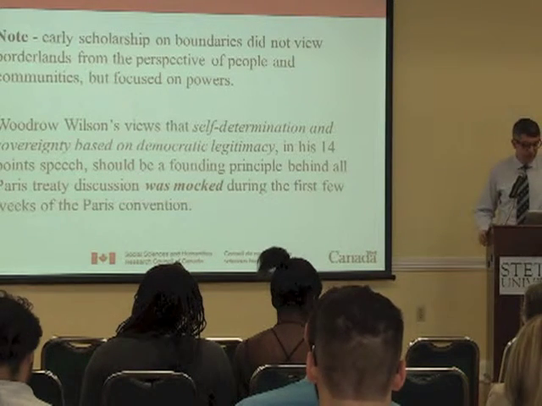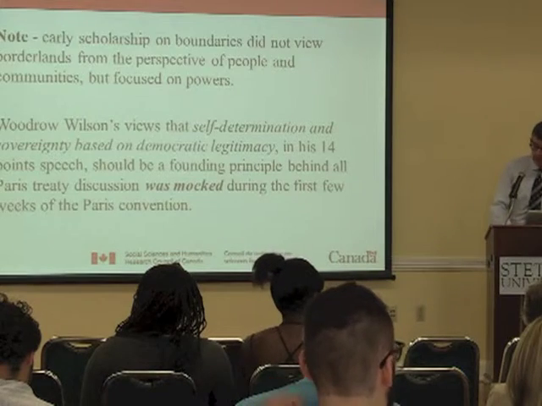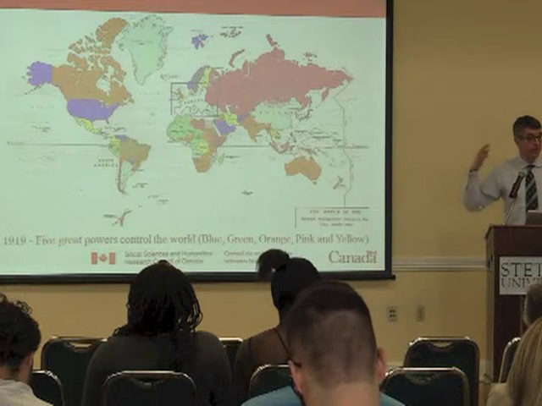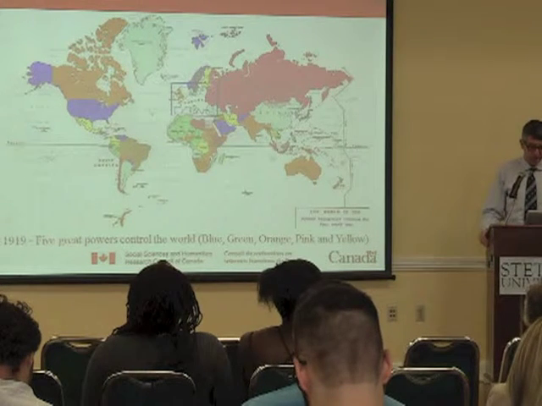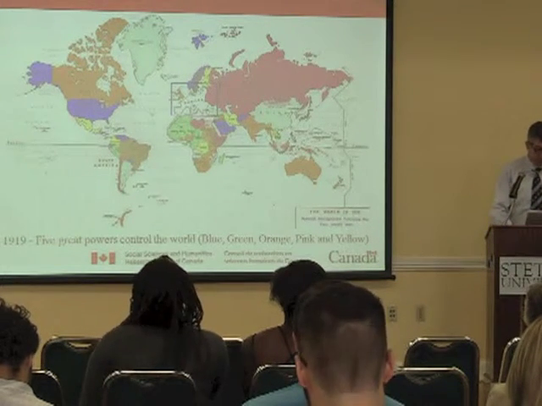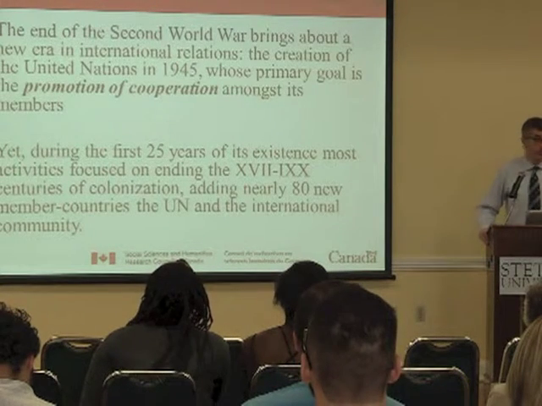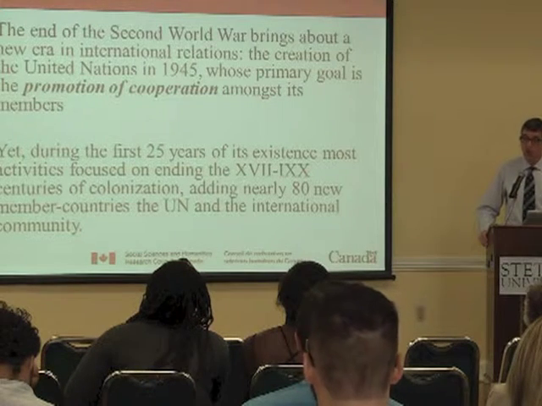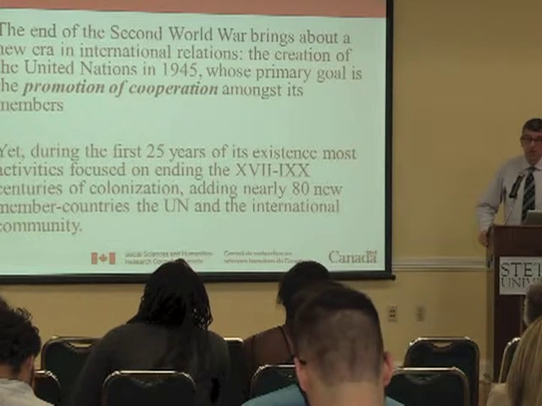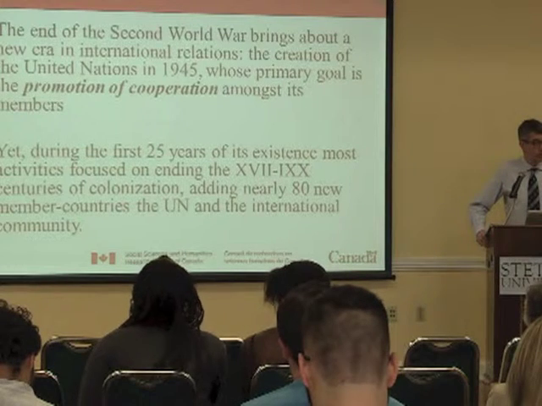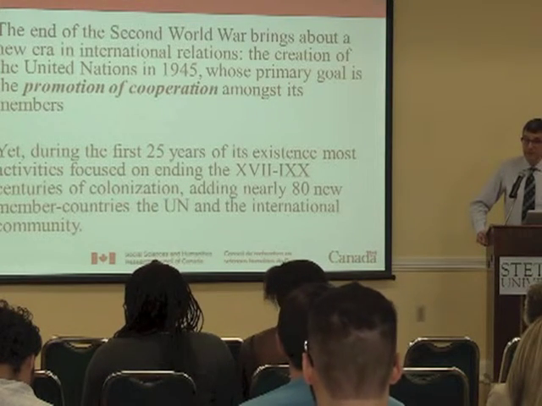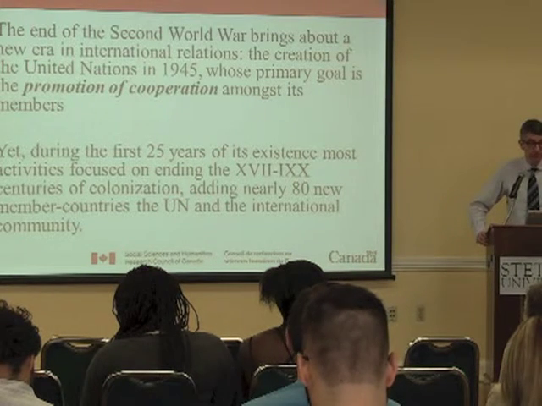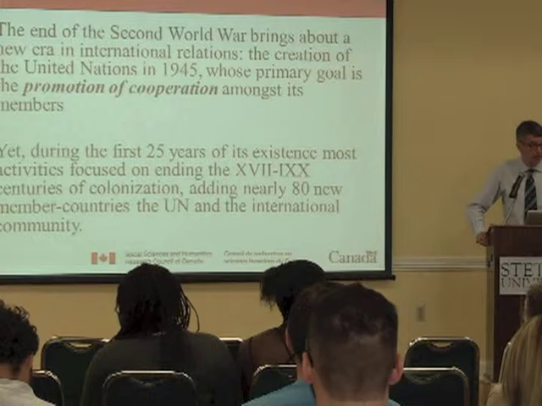So in post-1919, this is the world the way we have it, with three major empires and their allies organizing the whole world around them. And then we have the Second World War, which is very important to us because in the post-Second World War, the international community, in other words, the different states and empires, decide that they should organize themselves to prevent such carnage again.